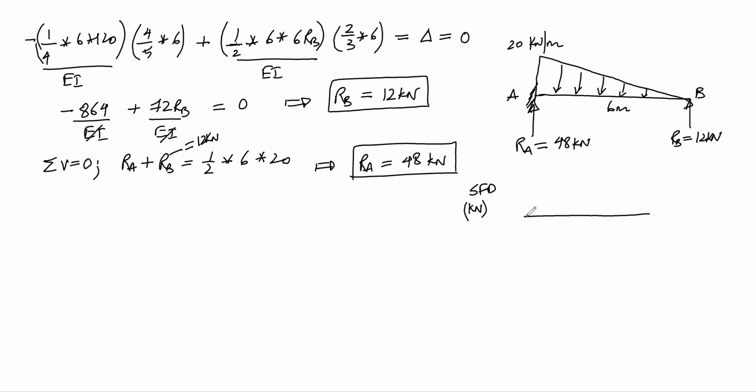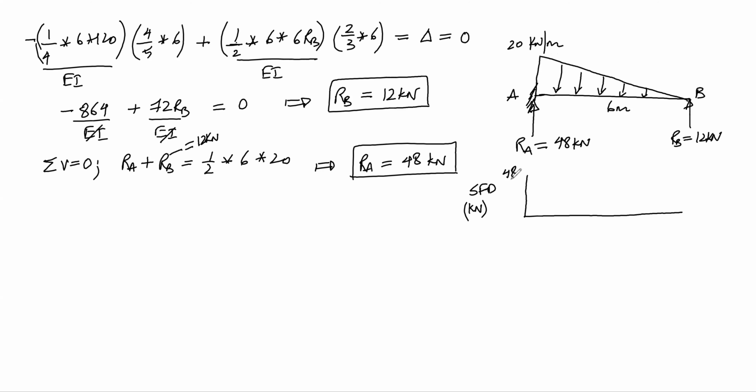The shear force diagram is drawn from left to right, considering upward forces as positive and downward forces as negative. So here at A, there is an upward force of 48 kilonewtons, so this will be 48. And from A to B, there is a downward triangular load of 20 kilonewton per meter.